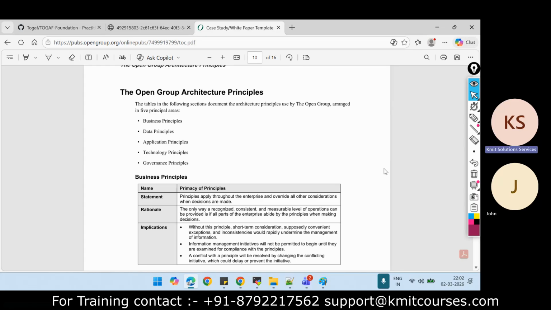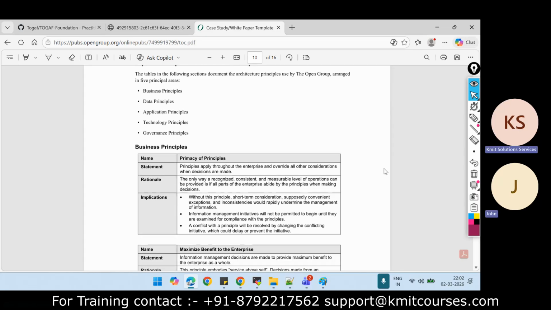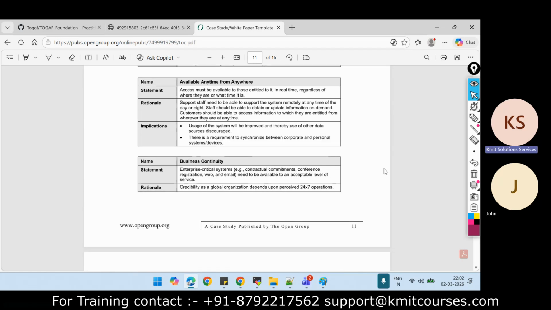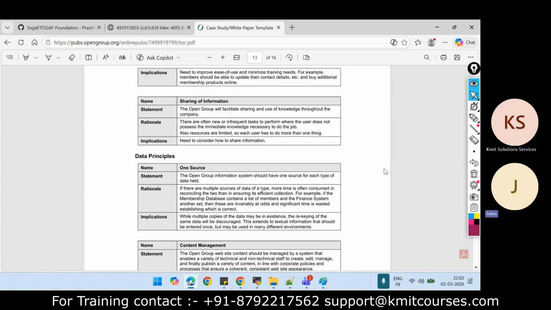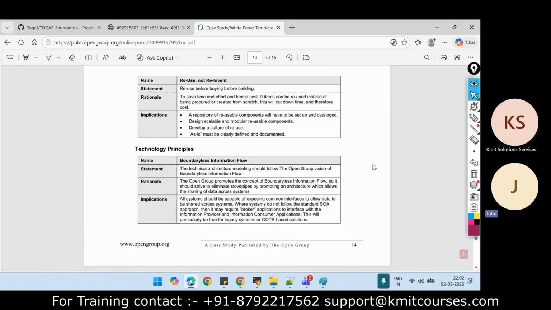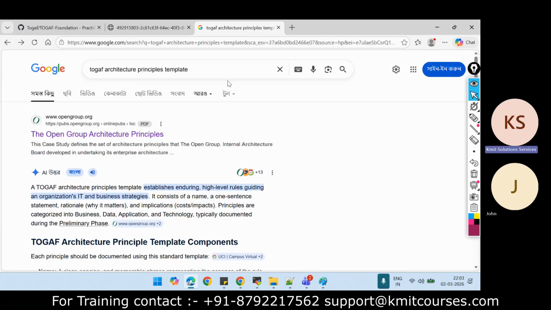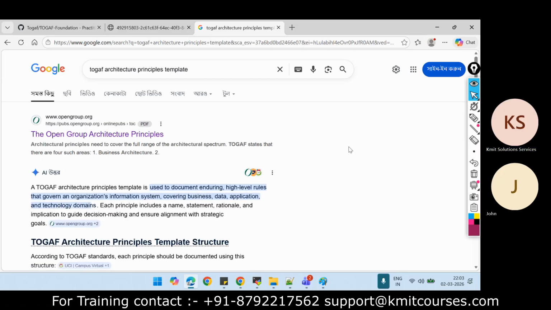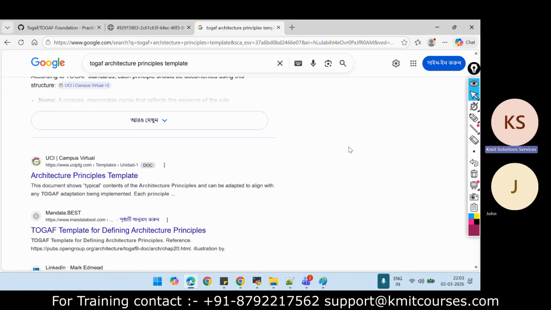Yes, if you see this one, I think we have discussed business principles and their rationale and implications, right? But there is a template also. I see. Okay. I will take a look in Open Group. Yes, it will be there. Let me search for template only. We can see the architecture principle template.